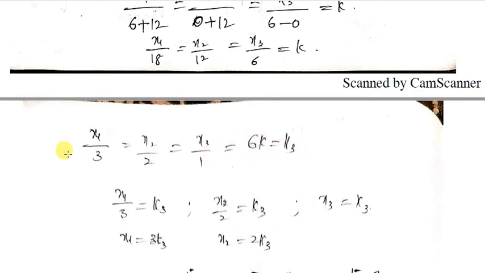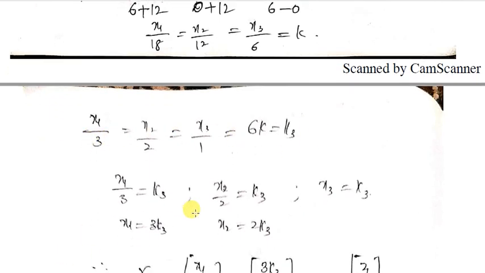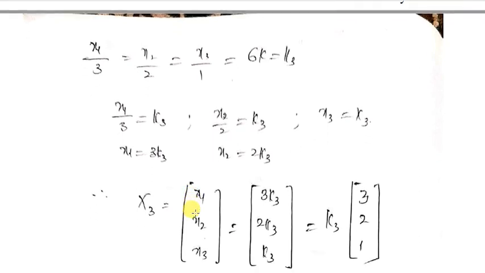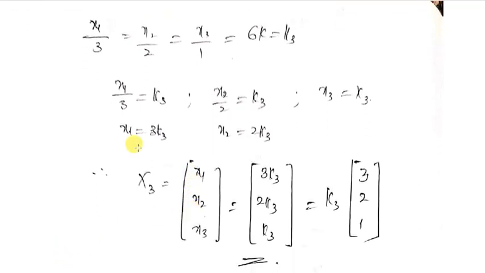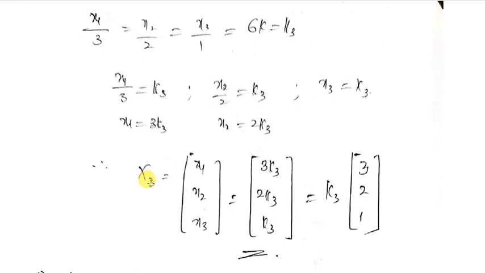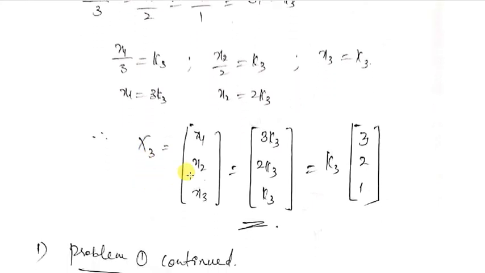Now equating each ratio to k3 and finding x1, x2 and x3, we get x1 as 3k3, x2 as 2k3 and x3 as k3. Therefore the corresponding eigenvectors for lambda is equal to 5 is k3 times 3, 2, 1. So here also we can take k3 as 1 or minus 1.